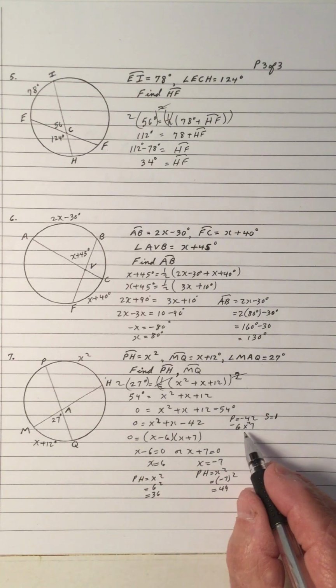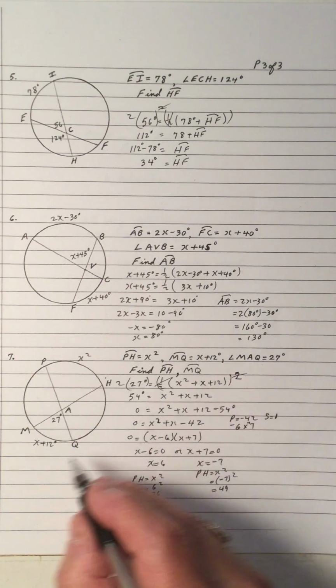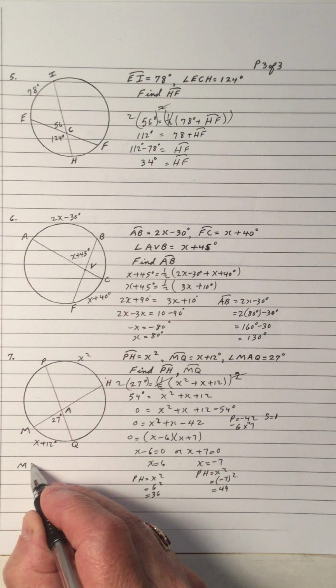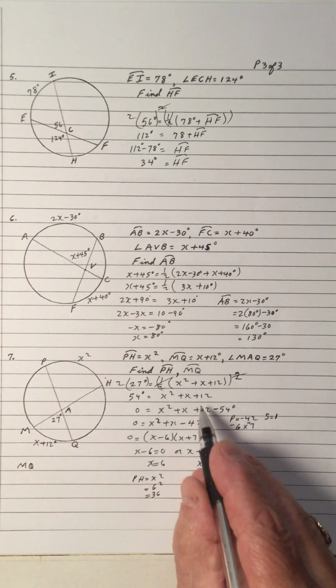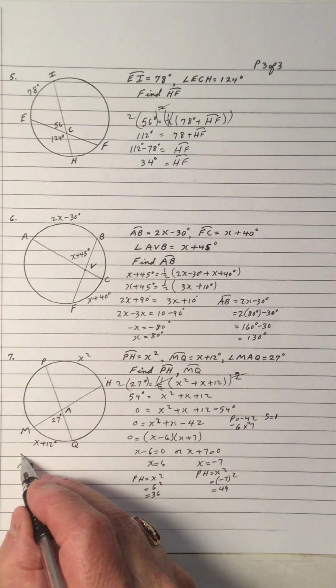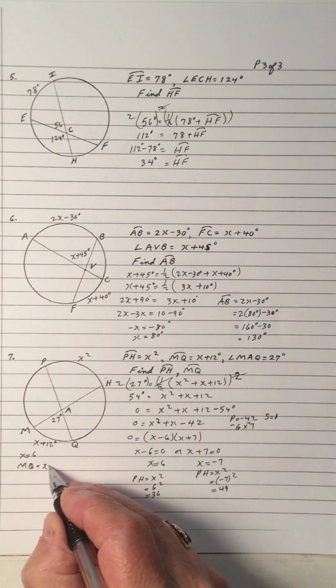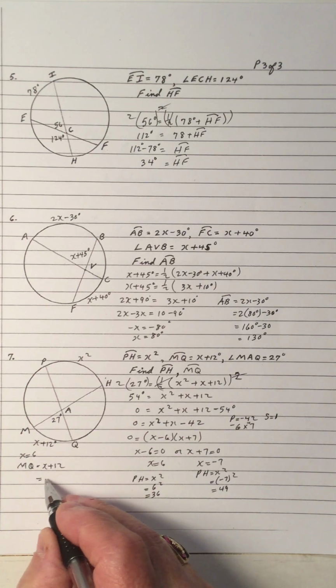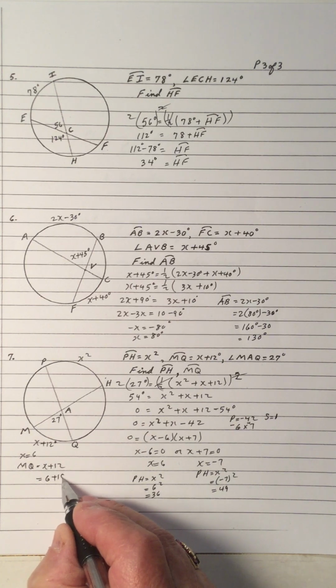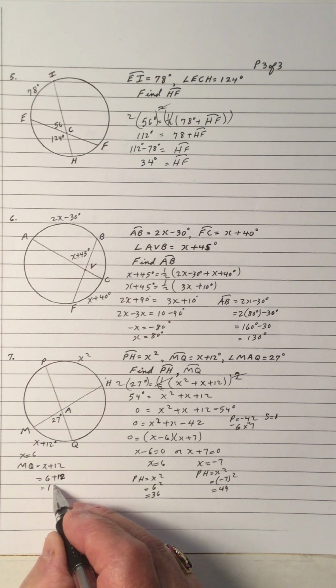And what about MQ? We look at MQ when x is 6. So MQ is x plus 12. So that's 6 plus 12, that's an 18.